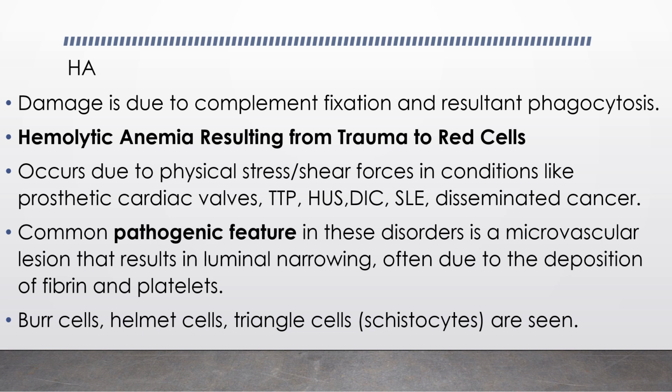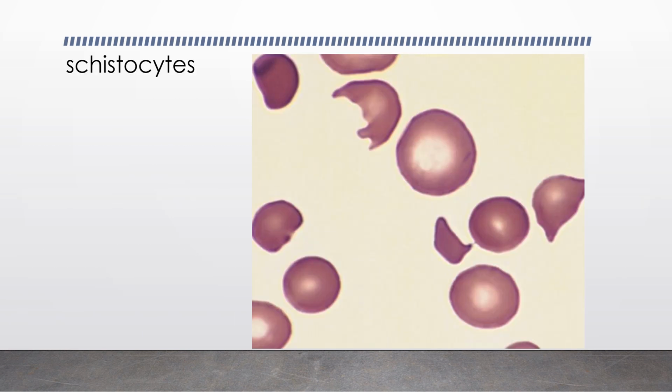Microvascular lesions may cause luminal narrowing when the process becomes chronic due to fibrosis. Fibrin and platelets are deposited, then there is fibrosis too. And we see burr cells, helmet cells, or schistocytes in such a condition that is due to trauma. Here we can see these types of cells.